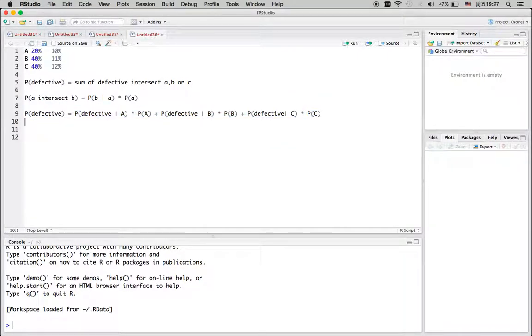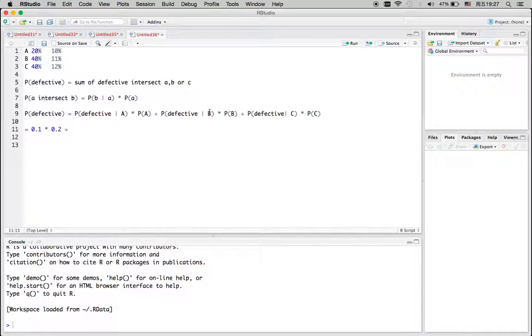Now we simply need to plug in the numbers. Defective given product A is 10%. This means among product A, 10% of the products are defective, so this is 0.1, multiplied by the probability of product A, which in this company is 20%, so 0.2.